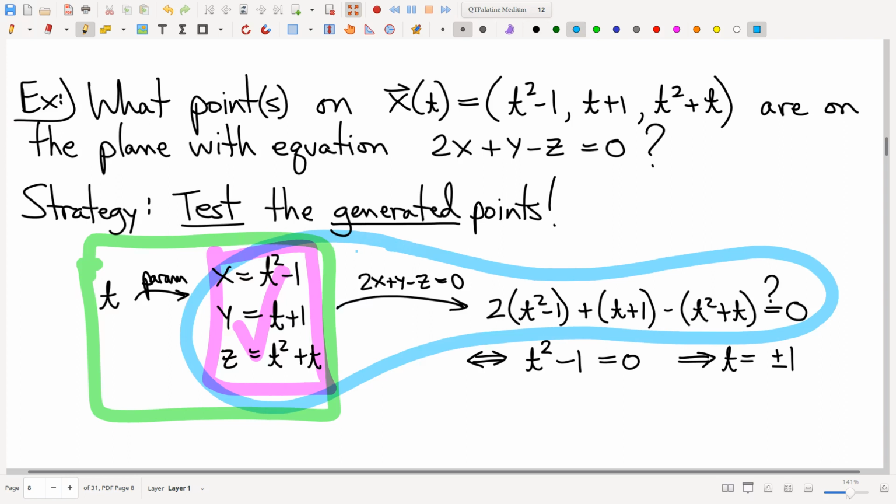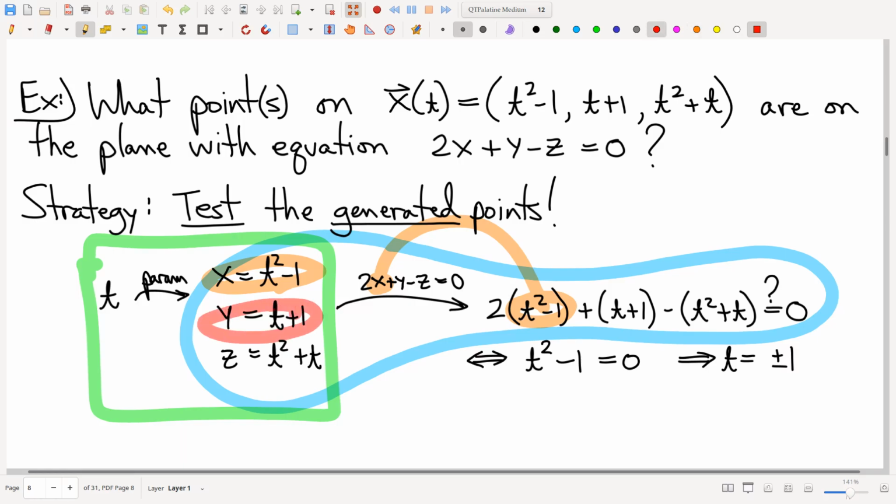So notice that's all I've done here. I've taken a generated point and I am testing it. And when I say testing, keep in mind that I am literally taking this formula for x and plugging it in where the x goes. And I'm taking this formula, colors, come here, colors.